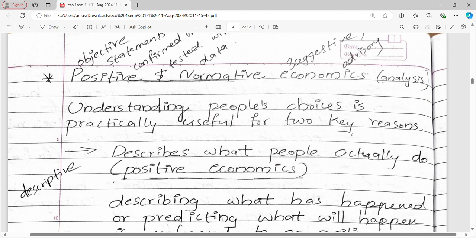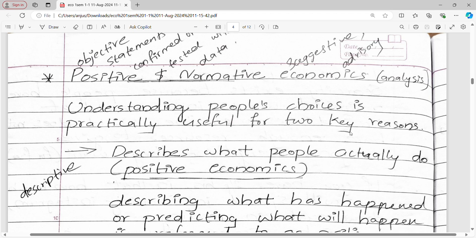The first one, that is describing what people actually did or what actually you do, is positive economic analysis. Okay. For instance, it deals with what happened, like the GDP of a nation.